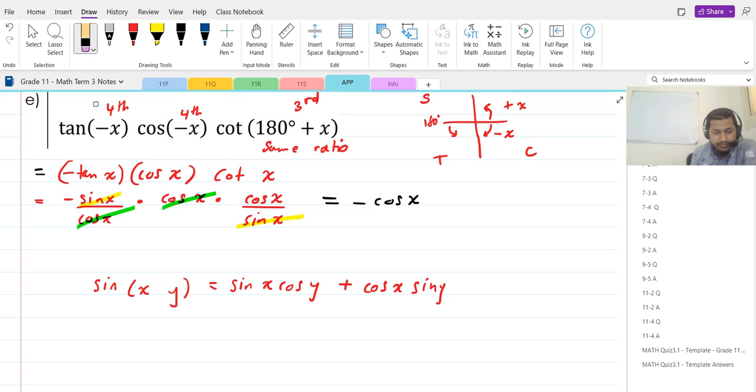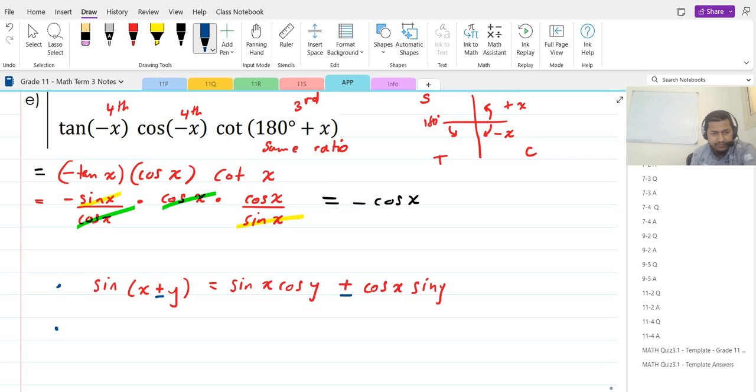Okay, start with the sine, so sine x, end with the sine y, and in between obviously you have to fill, and the sign remains the same. So I can make this 2-in-1 formula, which is sine x plus y, sine x cos y plus cos x sine y. If I have a minus here, then all I'll do is change this plus into a minus, so minus remains minus. That's the sine.